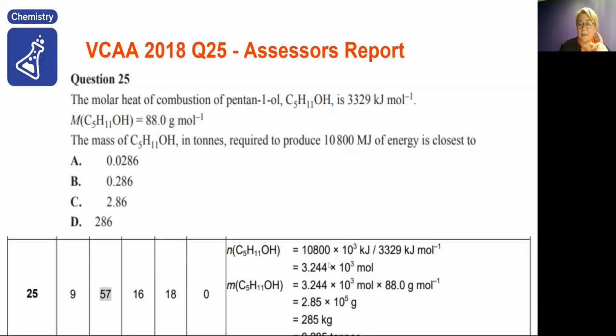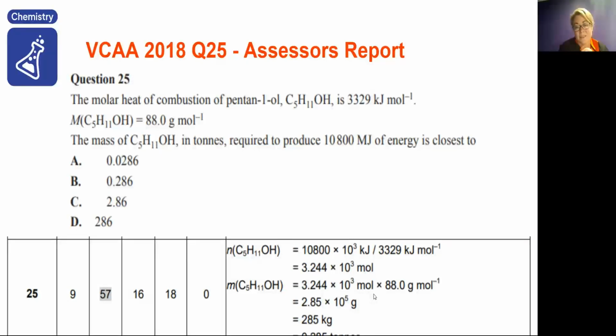And that gives you the number of moles that produces that amount of energy. Okay? And so then, now we have a mole value. We can use our number of moles equals mass over molar mass, rearranged to find a mass. So remember, we've got number of moles times molar mass gives you that, and it's in grams.